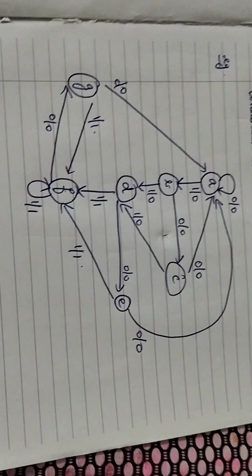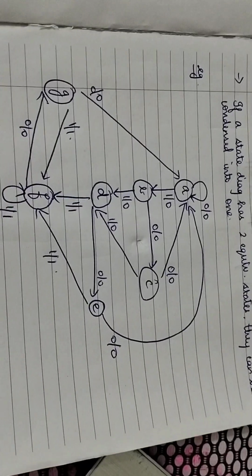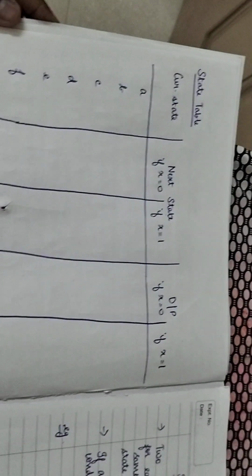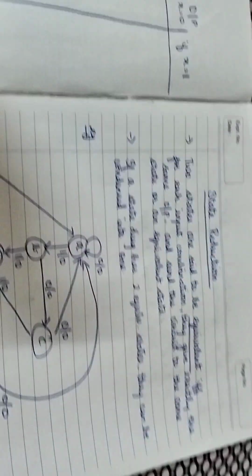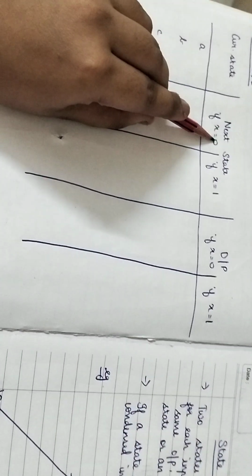So this is the state diagram. From this, to perform state reduction, that is to identify if we have any similar states, we need to fill this thing called the state table. So current state is A. We'll look at the diagram and try to fill. Current state A. If x equals 0, what will my next state be?